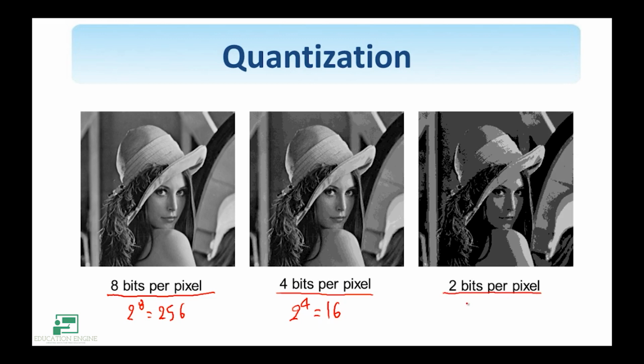And over here I go down to 2 to the 2nd, that is 4 different values. So clearly you see the so-called contouring effects. They're visible here even, right? So these are artificial contours or boundaries that have nothing to do with the original image. So you save bits clearly in going from 8 bits to 4 to 2 bits to represent the intensity, but at the same time you introduce errors, the so-called quantization errors.